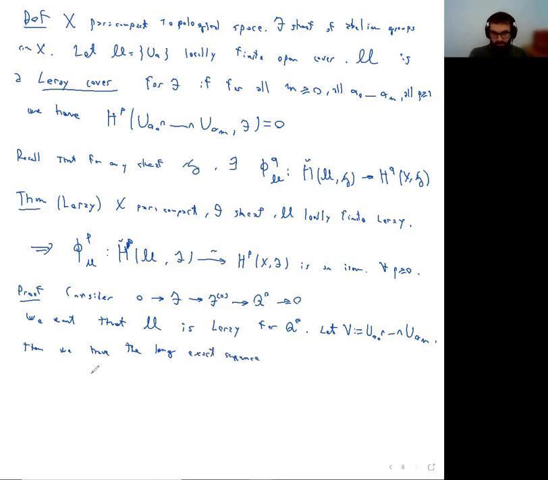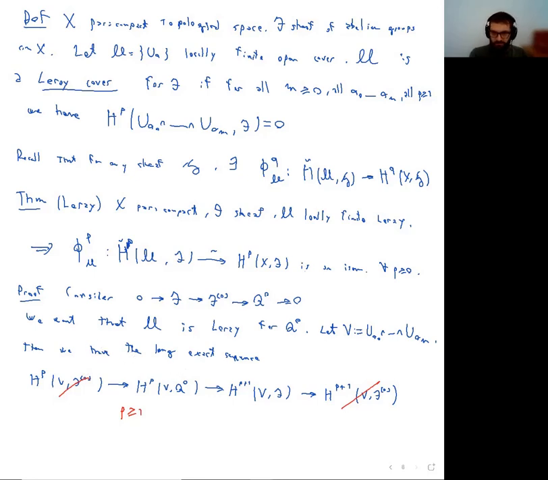And then, if you restrict these sheaves to V, what you get is H^p(V,F0), H^p(V,Q0), H^{p+1}(V,F), H^{p+1}(V,F0). Now these two are 0 for p greater than or equal to 1, because we know that the sheaf of discontinuous sections is acyclic.